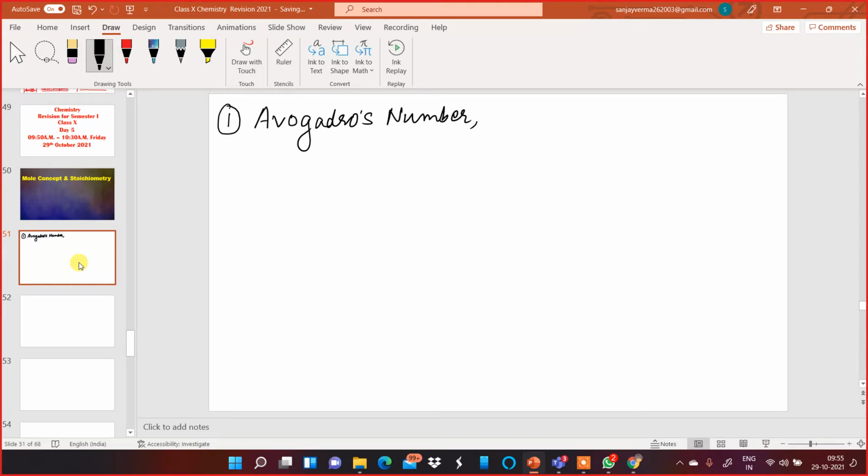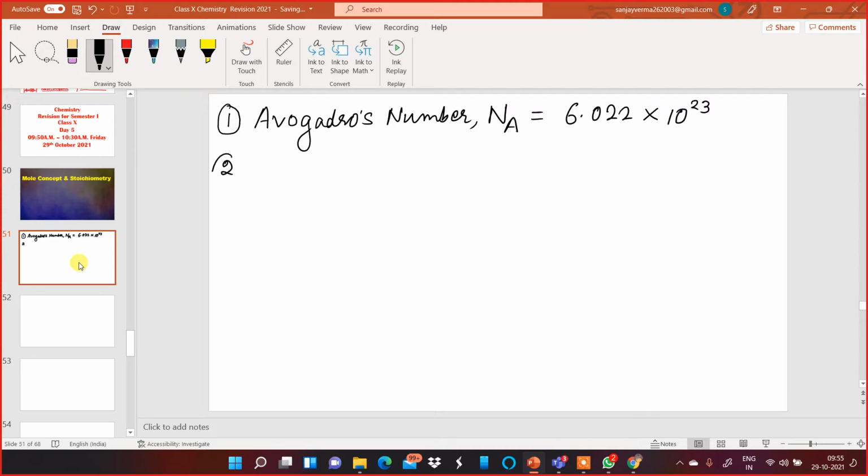It is denoted by the symbol capital N with A as the subscript, and it is equal to 6.022 into 10 to the power of 23. This is Avogadro's number.